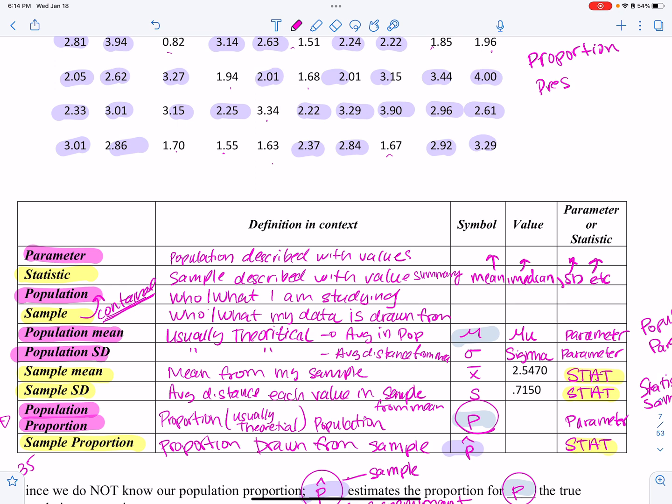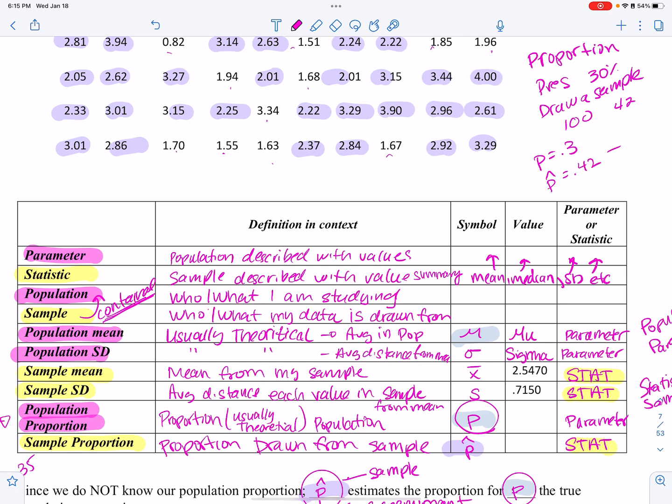I think I have maybe 30% voter support right now. So since I don't know, I'm going to draw a randomly selected sample of maybe 100 people and see how many are going to vote for me. So my P is 0.3 because that's what I think my population is. But let's say I find that 42 people are going to vote for me. So I found that my P hat is 0.42.